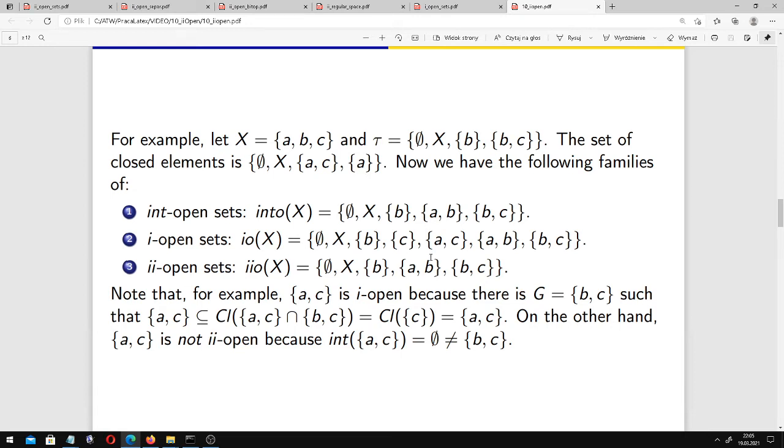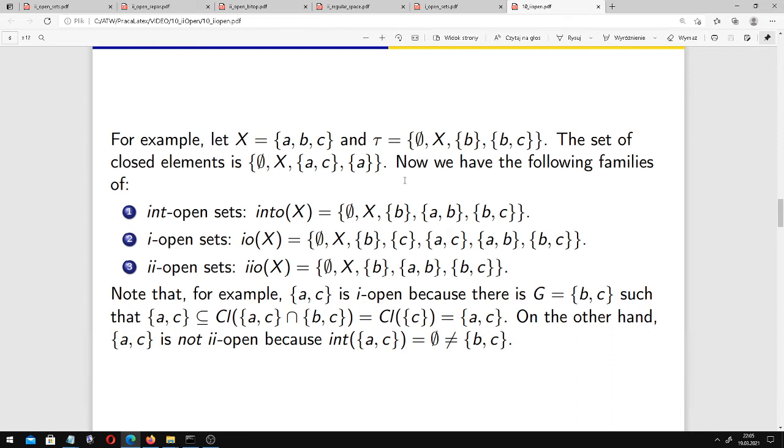Note that, for example, AC is I open because there is G, namely BC, such that AC is contained in the closure of the intersection of AC and BC, hence in the closure of the singleton of C. But this closure is precisely AC, because AC is closed, and for this reason it is the smallest closed set in which C, singleton of C, is contained.